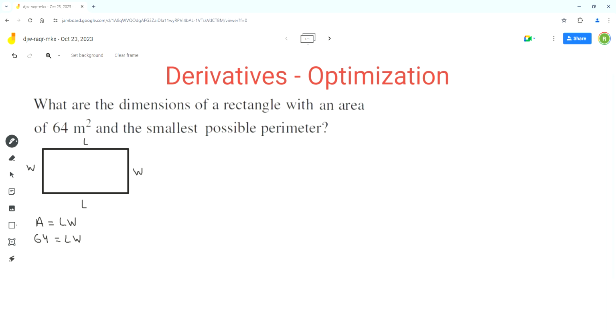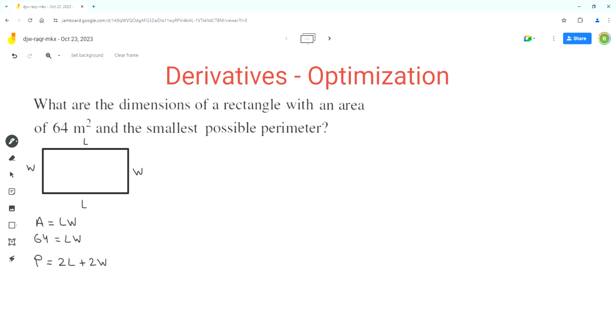Next, we should write the equation for perimeter of this rectangle. This is the formula for perimeter of a rectangle. Now we have to find the derivative for this perimeter function to find the dimensions for the smallest possible perimeter. This perimeter equation is based on two variables, length and width.